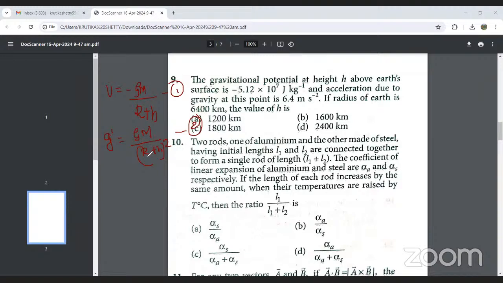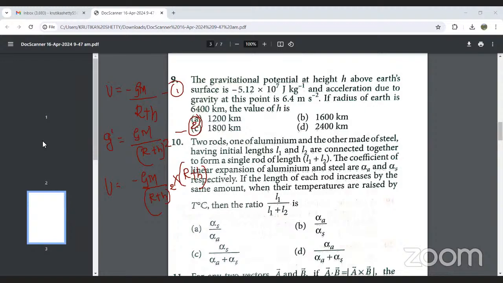So what we can do here? If I compare equation 1 and 2, I am modifying equation 1 as U is equal to minus GM divided by R plus H whole square, into R plus H. So that if I cancel, I am getting back equation 1 itself.